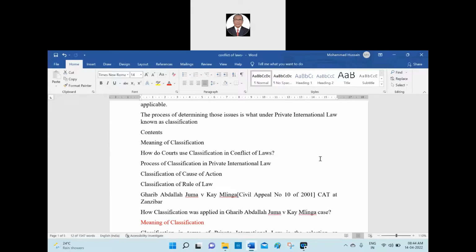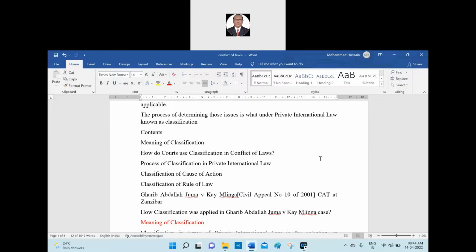Let me see the contents. Yes, the meaning of classification. How do courts use classification in conflict of laws? Process of classification in private international law. Classification of cause of action and classification of rule of law.